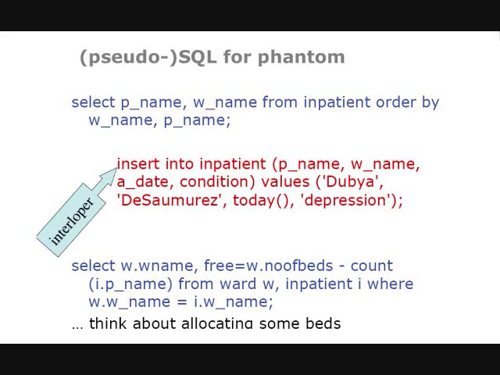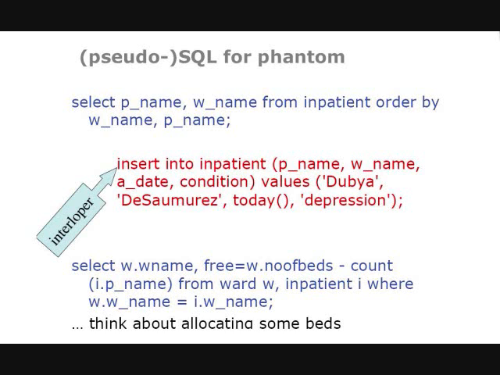And then the second part of what should be one transaction executes. So now I come and select the ward name and then calculate the free number of beds from the ward, WHERE the ward is some ward name. So what happens is the list does not match the number of beds, because in between some patient has been booked in. So transactions that should have been made into one logical unit, the first and the last, haven't, and therefore I have again an inconsistent state.